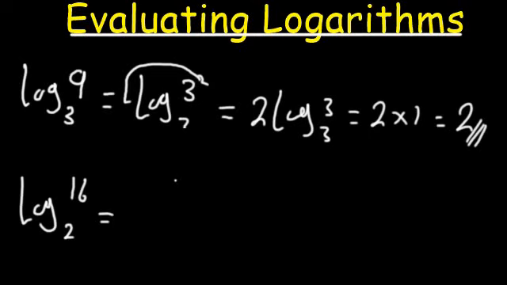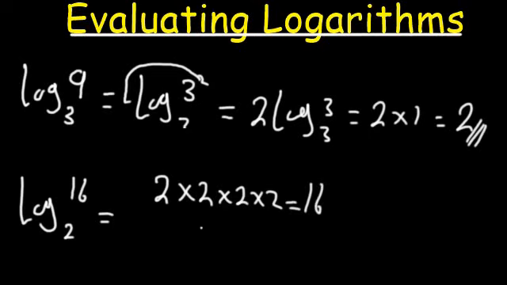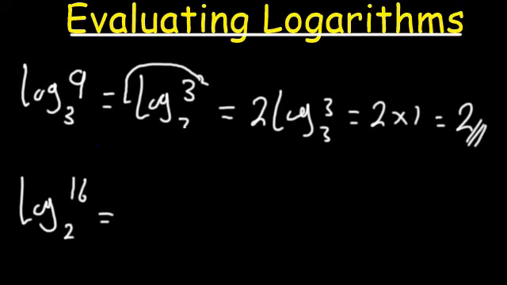2 in 4 places turns out to be equal to 16. 2 times 2 times 2 times 2 will give us 16. So what this means in exponent form is 2 to the power of 4. So definitely we can replace 16 with 2 to the power of 4. So this simply equals log of 2 to the power of 4 to the base of 2.